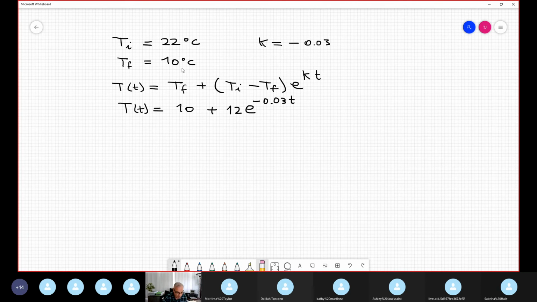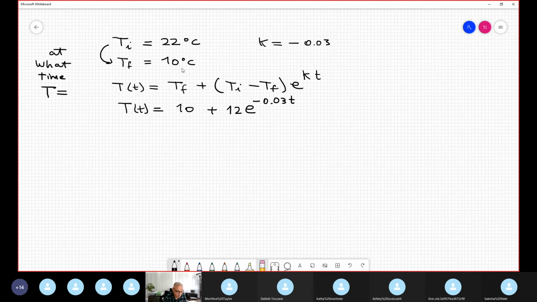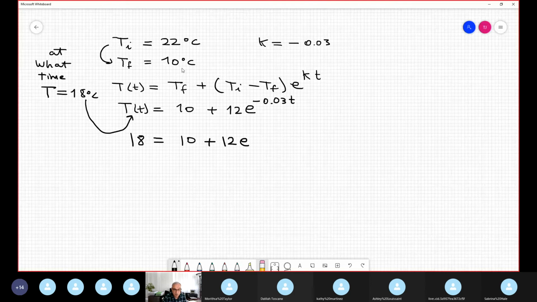And they want to find, for example, at what time the temperature is 18 Celsius degrees. So you plug in here 18. 18 is equal to 10 plus 12 exponential minus 0.03 T. And you solve for T.